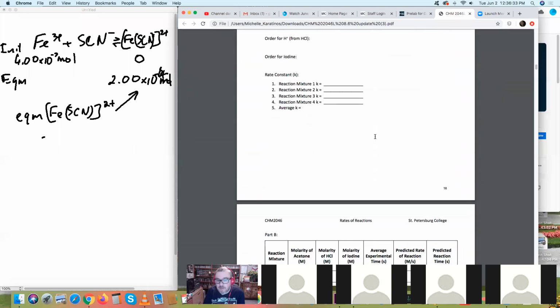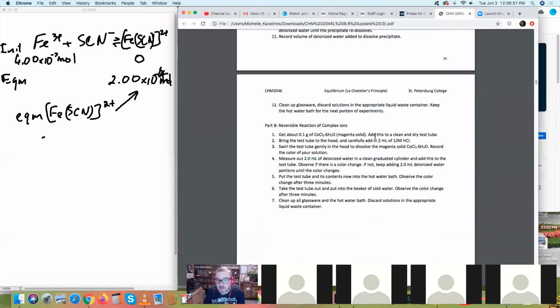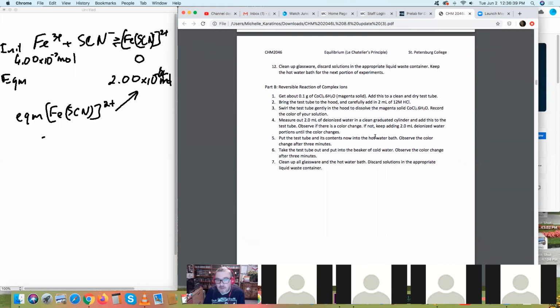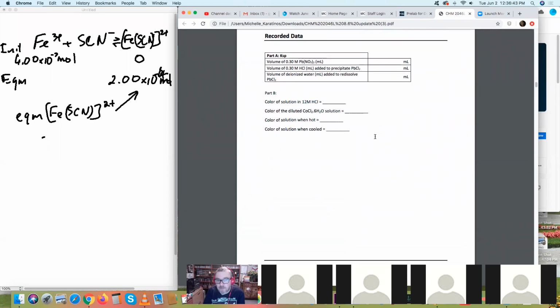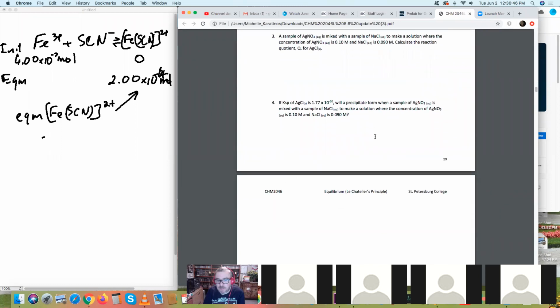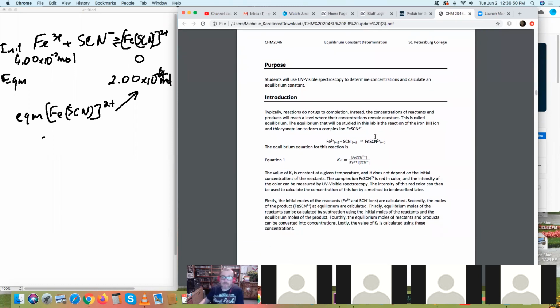No, I understand that. Okay. And then you start the new lab that says equilibrium right there on page 23. That's not the lab we're doing here. This is equilibrium constant calculation. That's the next lab. This one. Okay.